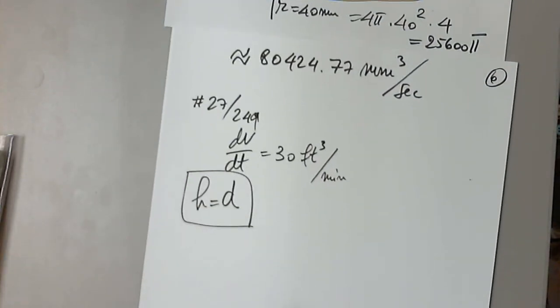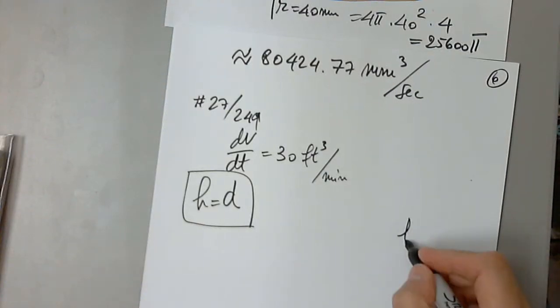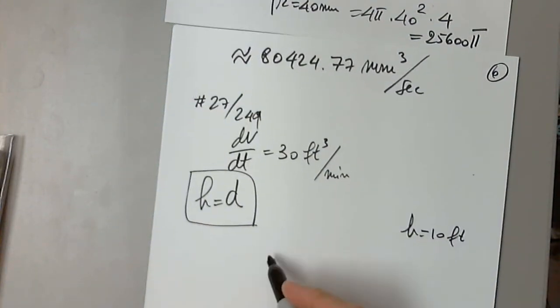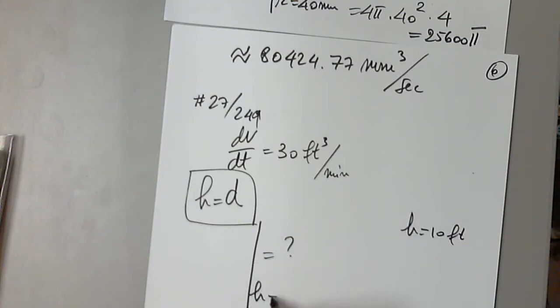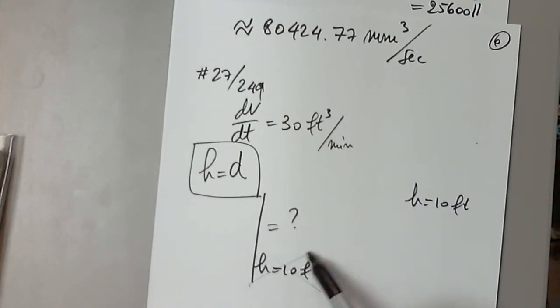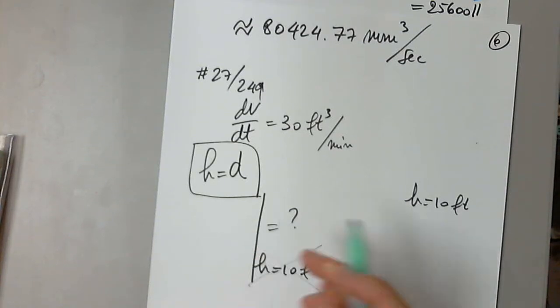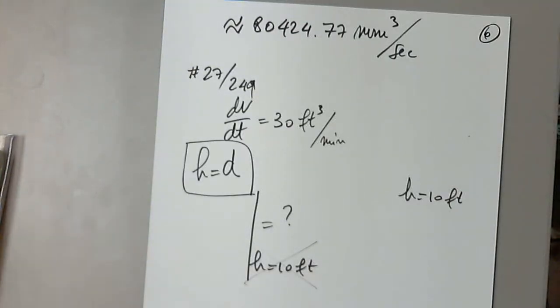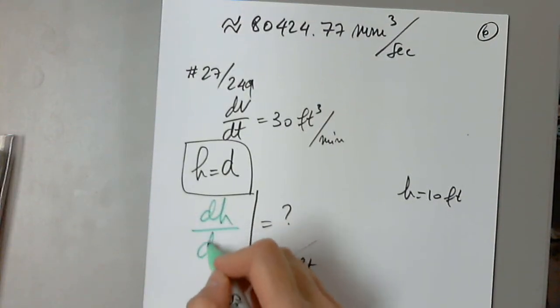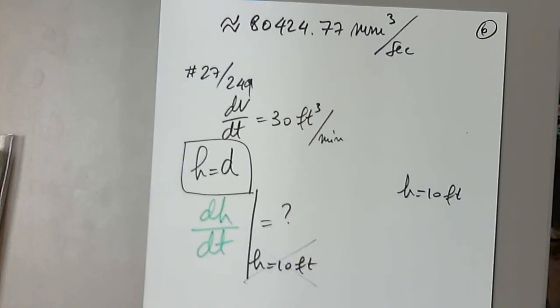What am I asked to determine? dh over dt, of course. That's the question.